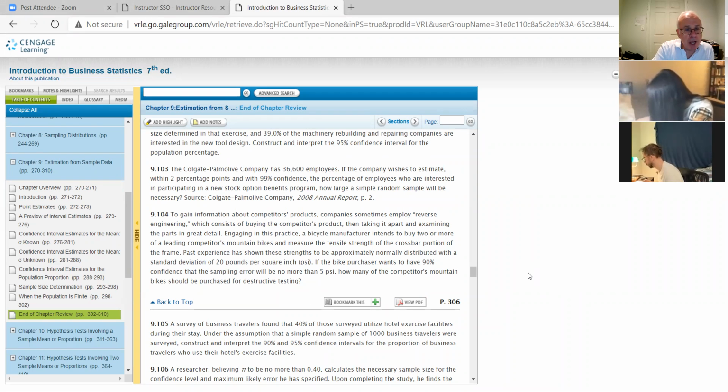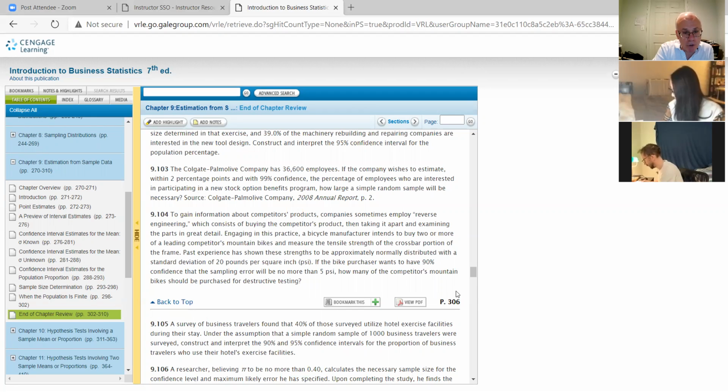To gain information about competitors' products, companies sometimes employ reverse engineering, which consists of buying the competitor's product, taking it apart and examining the parts in great detail. Engaging in this practice, a bicycle manufacturer intends to buy 2 or more of a leading competitor's mountain bikes and measure the tensile strength of the crossbar portion of the frame.